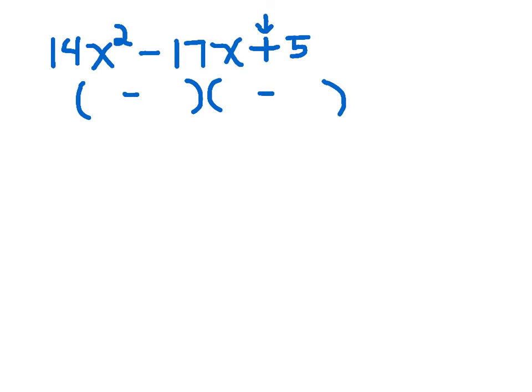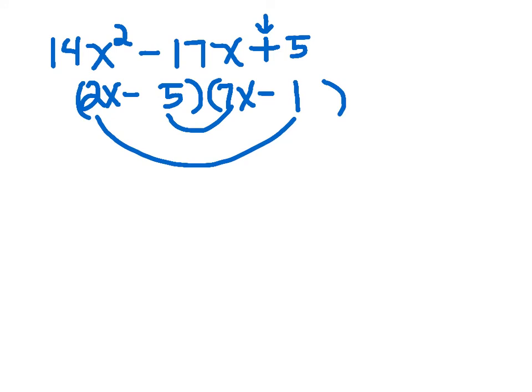It could be 1x and 14x or 2x and 7x. I'm going to guess. Sometimes your gut is right. Sometimes it's not. And then the two things it could be are 5 and 1, because 5 is prime, so its only factors are 5 and 1. This gives me negative 35 and negative 2. Clearly that's negative 37. That is not right.